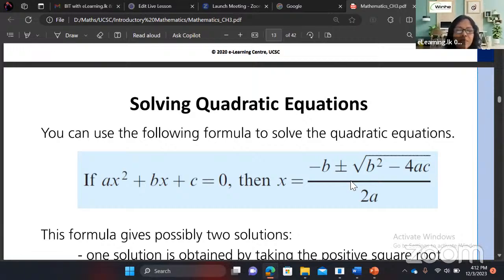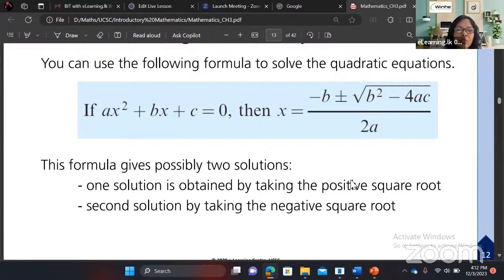Right? Then according to the value of b squared minus 4ac, the part under the square root, we can predict the solution of that equation. There are some different characteristics of the solution or the roots based on that value.